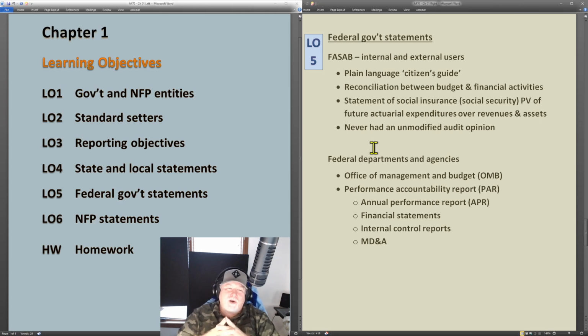And who do we go to for that type of demographic information? Well, those are actuaries. So when they say the present value of the future actuarial expenditure, what they're saying is we're going to look ahead in time and decide how many people are alive and need Social Security, and what's the level of Social Security expenditure that we're going to have versus how much revenue.